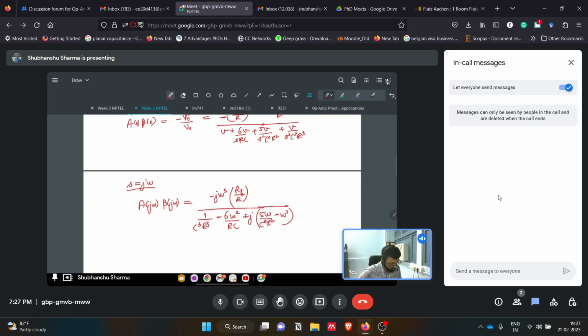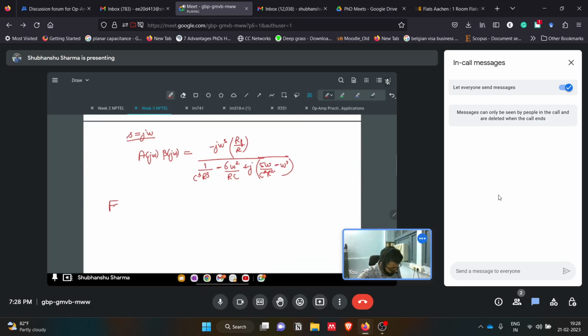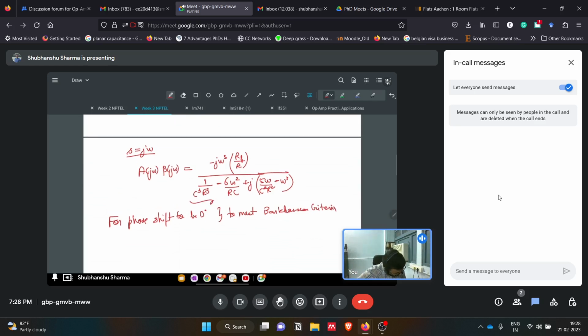Now, to meet the Barkhausen criteria, the phase shift must be 0, so we have to make this part 0. Then this j will cancel out and we will get a phase shift of 0.